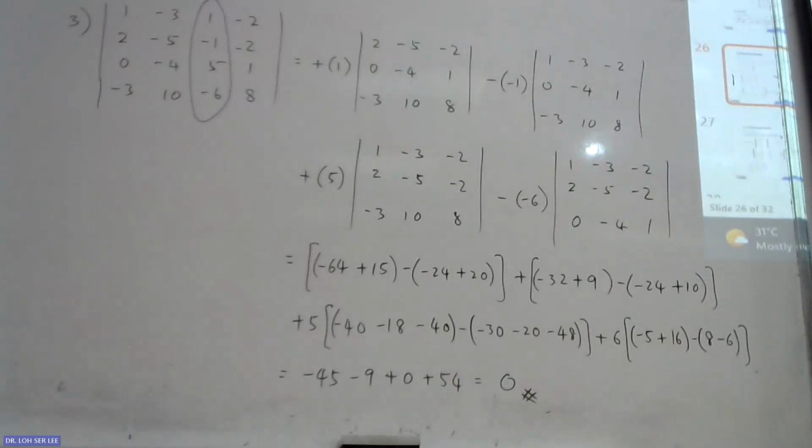To compute the inverse of a matrix, you need this. Any problem? Any questions for question number 3? You have to keep the practice, try to complete this kind of 3 by 3 matrix.